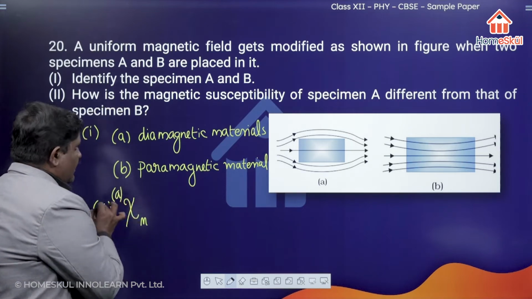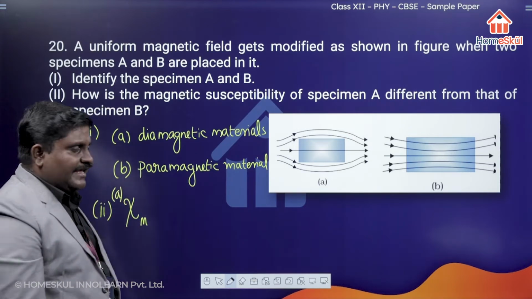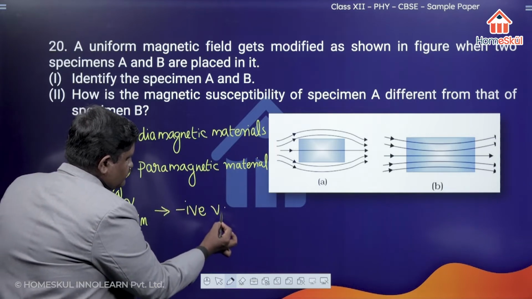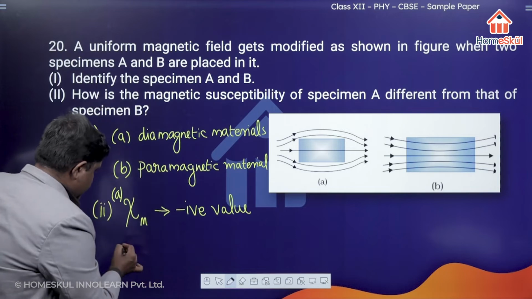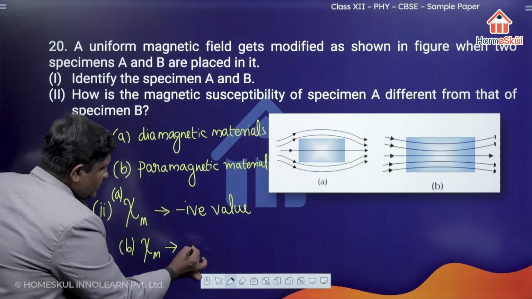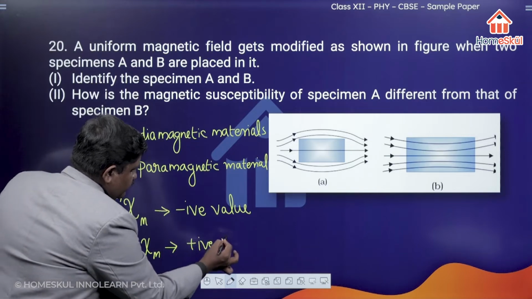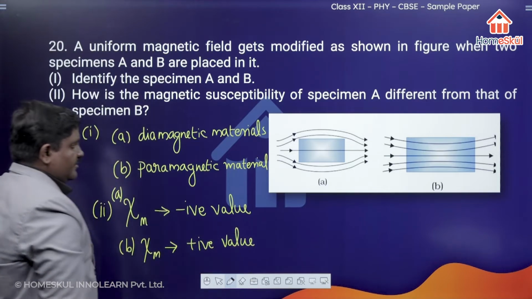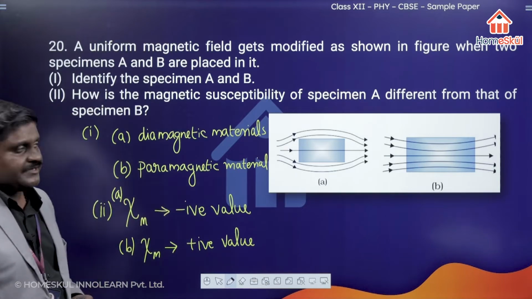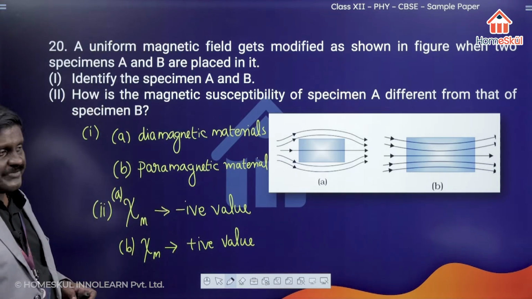For diamagnetic material, chi-m has a negative value. Then what about chi-m for paramagnetic? It will have a positive value. So this is the answer of the second sub-question. Clear?